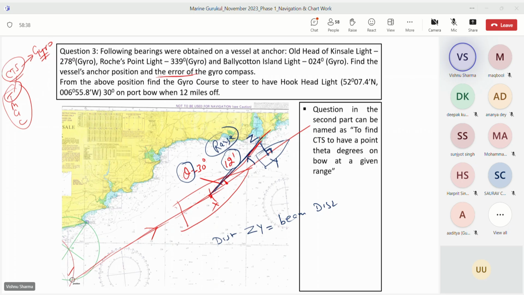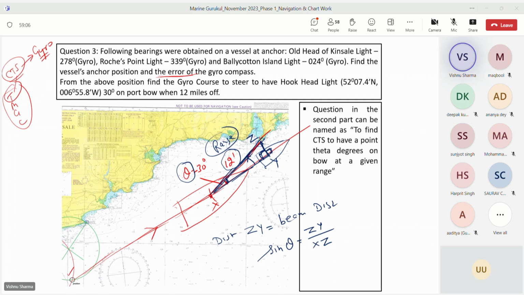Now in this right angle triangle XYZ, which is 90 degrees at Y, what will sine theta be equal to? Theta is here. Perpendicular is ZY upon hypotenuse. Hypotenuse is XZ.